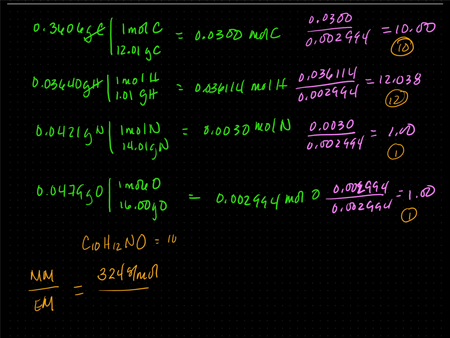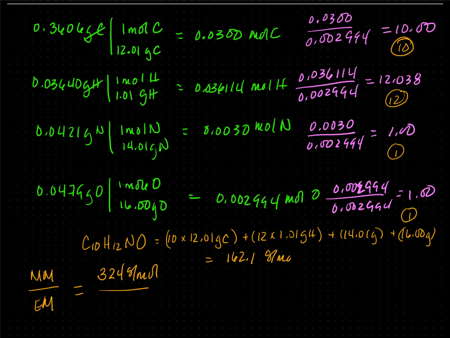That's going to be 10 times 12.01 grams of carbon, plus 12 times 1.01 grams of hydrogen, plus 1 nitrogen, which is 14.01 grams, plus 16 grams for 1 oxygen. This will equal 162.1 grams per mole.